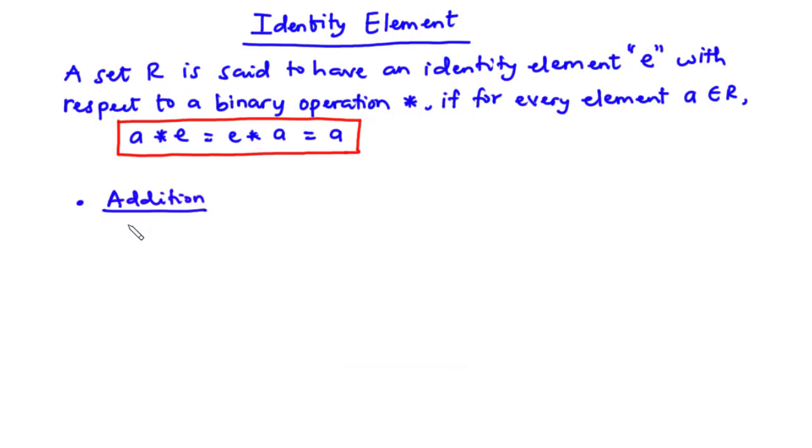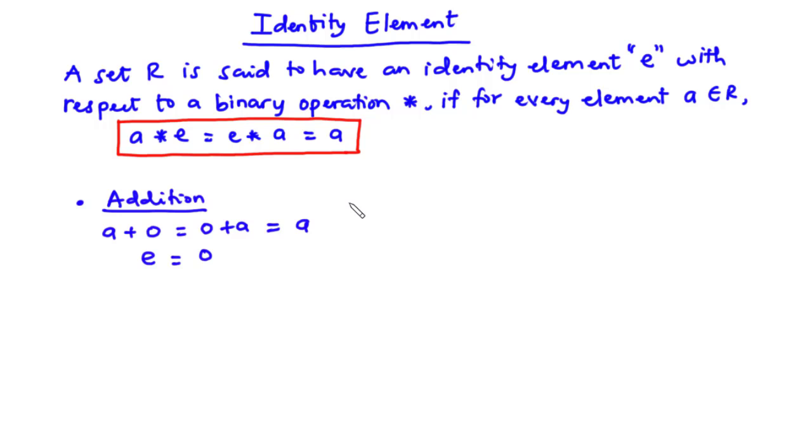Now the identity element under addition is 0, in the sense that if A is combined with 0 under the addition operation, A plus 0 is equal to 0 plus A, which is equal to A. So basically, when A is combined with 0 under the addition operation, the result is A. The result does not change. So it follows that under addition, the identity element E is equal to 0.